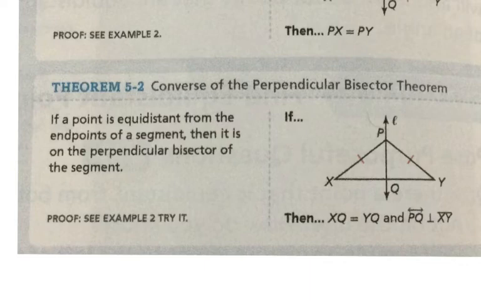This looks like an isosceles triangle, because I have these two line segments that are congruent. So, because it's isosceles, then what that tells me is that X is equivalent to Y. And it tells me that these are perpendicular. So really it's just going the exact opposite way from the previous.